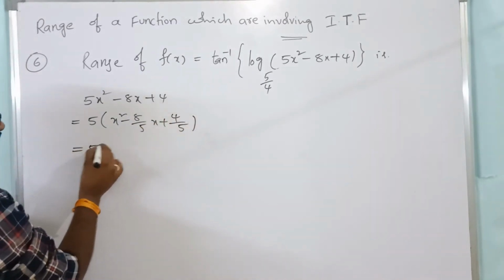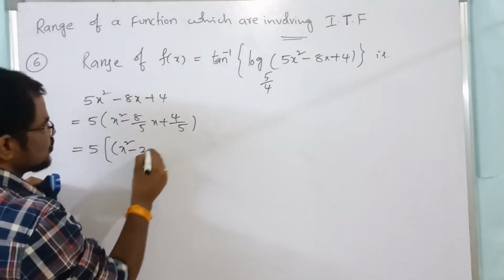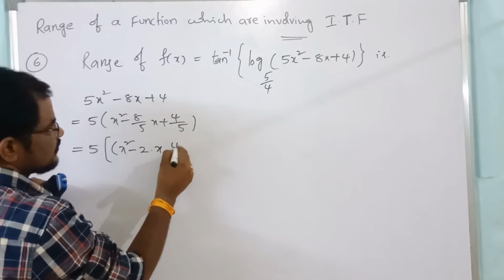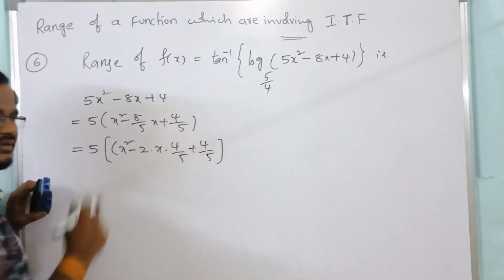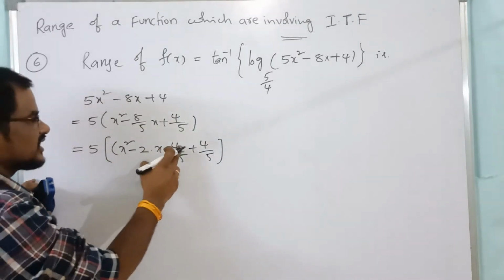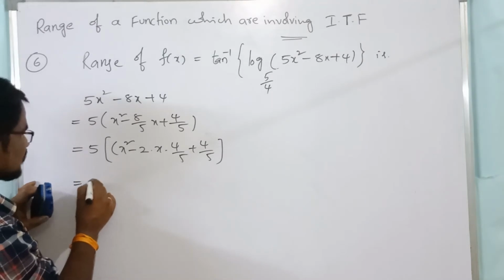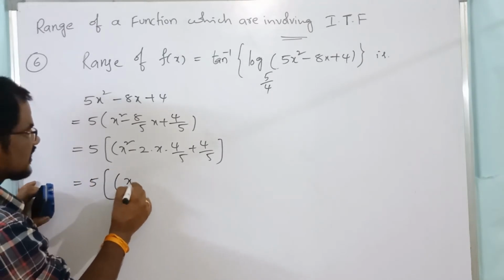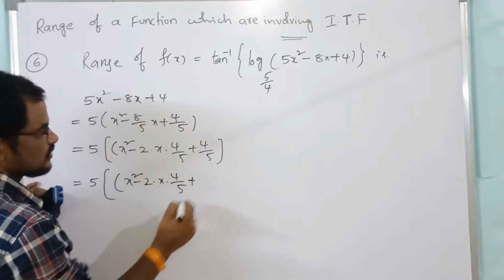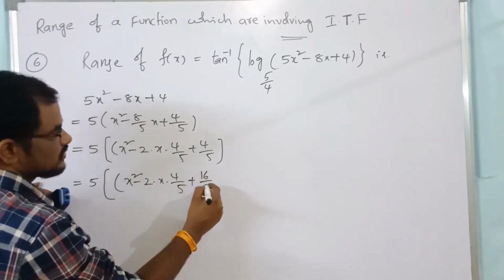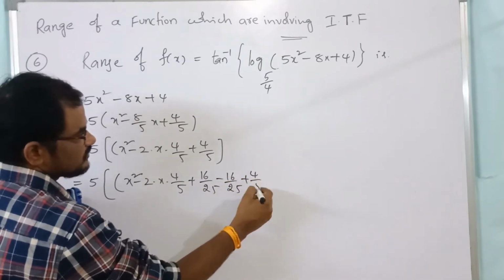That is equal to 5 into x square minus 2 a b, with 4 by 5 plus 4 by 5. Now it is in the form of a square minus 2ab. What is missing? The b term is missing. So that is 5 into x square minus 2ab, plus b square 16 by 25, minus 16 by 25 plus 4 by 5.